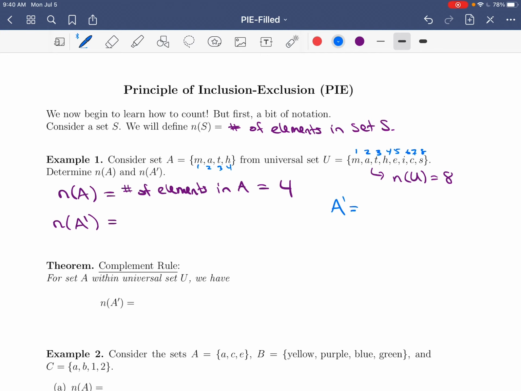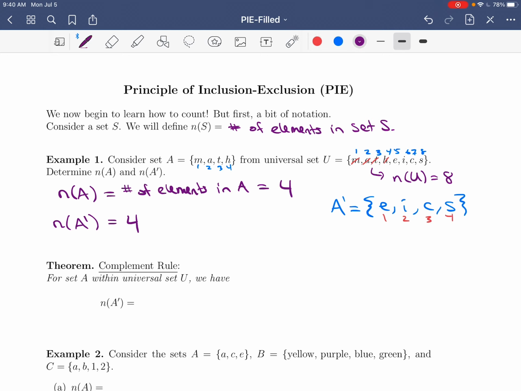A complement is going to be the set of everything in the universe that's not in A. So I'm going to just get rid of the things that are in A, those 4 letters there. And then A complement is going to be the remaining letters: E, I, C, and S. So that means that n of A complement is also 4, because there's 4 elements here.